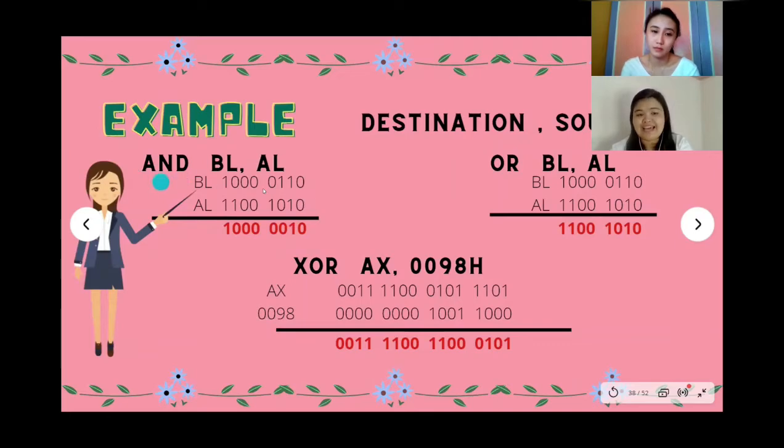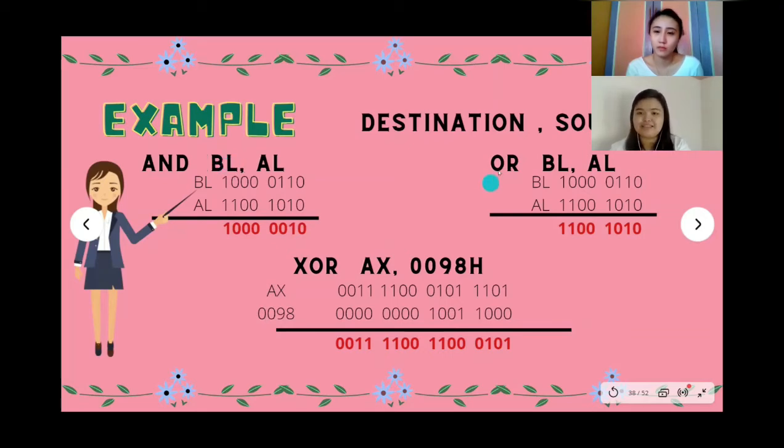So since it is AND, we multiply both operands. So 0 times 0 is 0, 1 times 1 is 1, 1 times 0 is 0, 0 times 1 is 0, 0 times 0, 0, 0 times 0, 0, 0 times 1 is 0, 1 times 1 is 1. Now, this result will be stored in the destination, which is the BL.